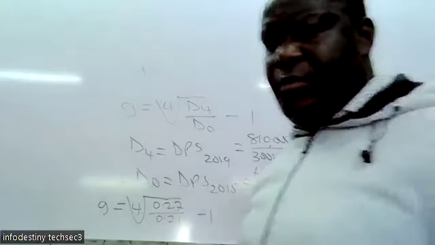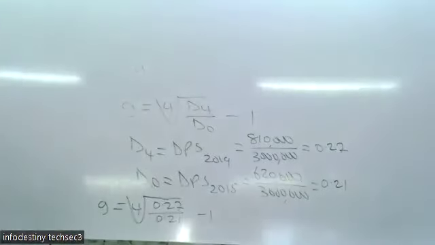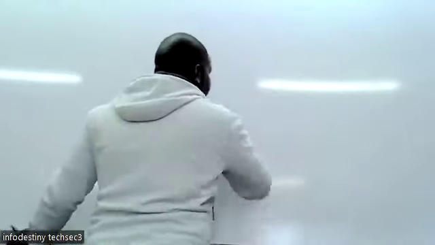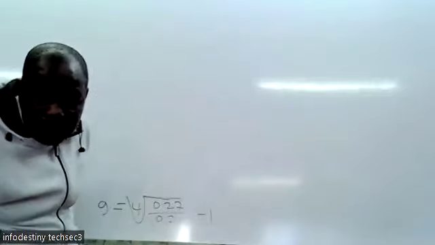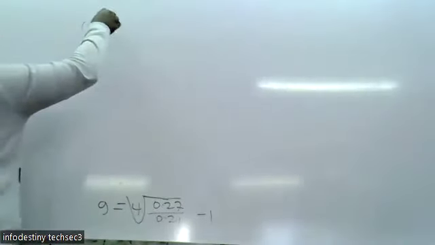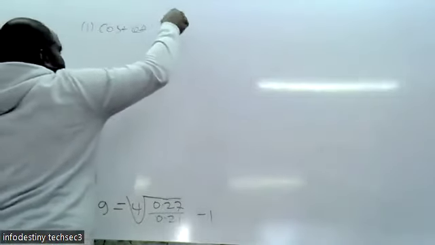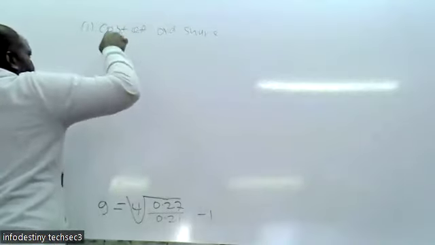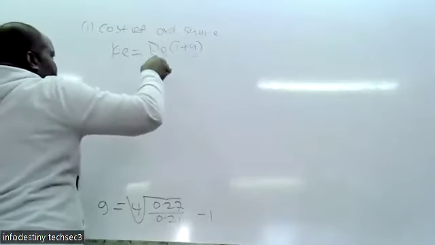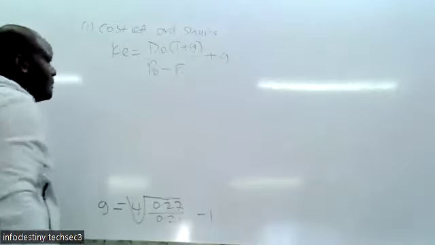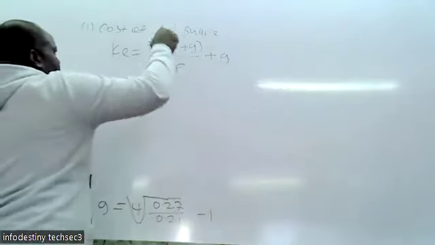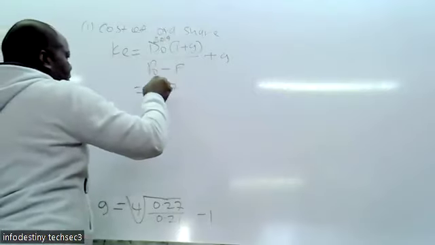So that we can now calculate the cost of the ordinary share, KE. Our D0 is 2019, so it is 0.27.